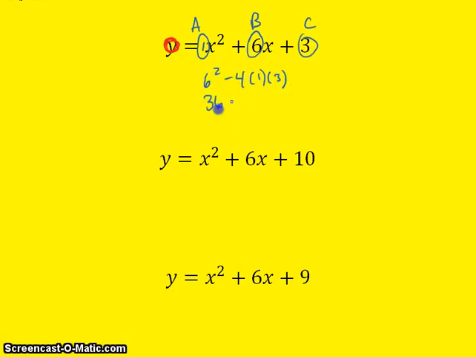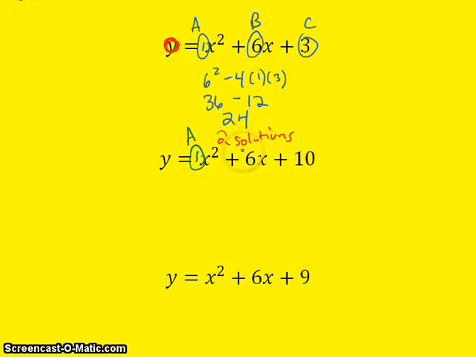So 36 minus 12 is 24. That means it's positive, which means there are two solutions. If we were to use our quadratic formula, we would get two solutions. We could easily use it today, but we're not going to use the quadratic formula right now. We're just finding how many solutions.